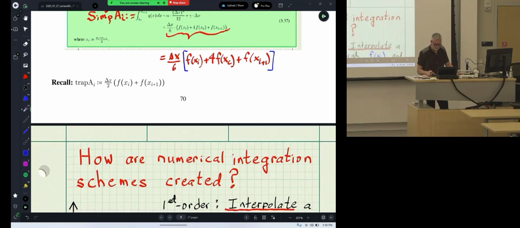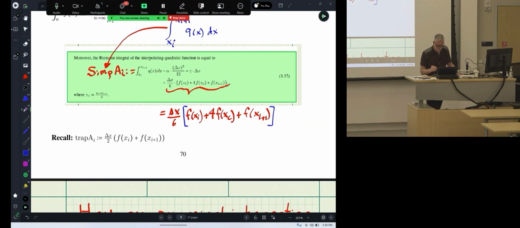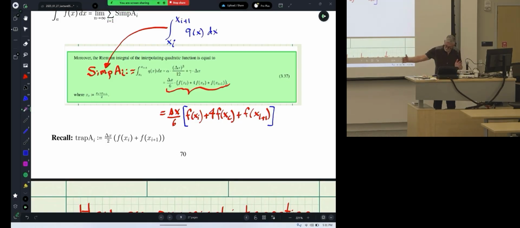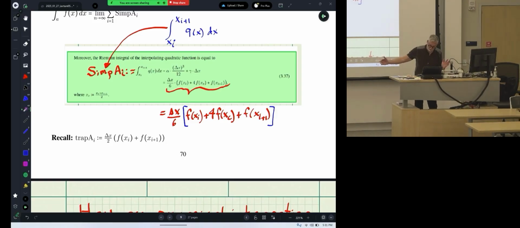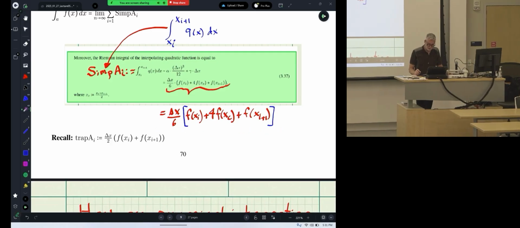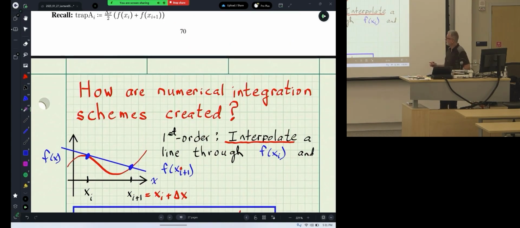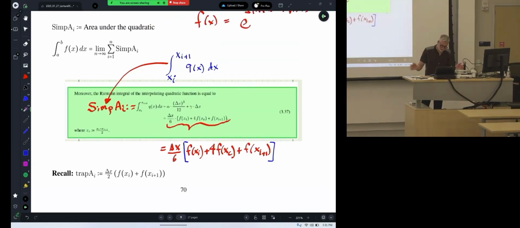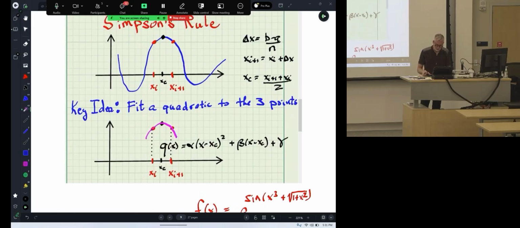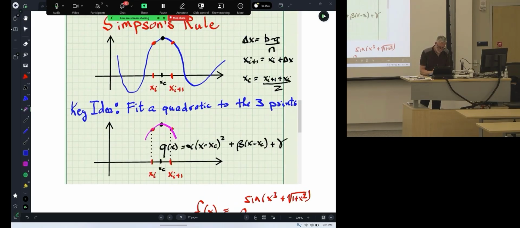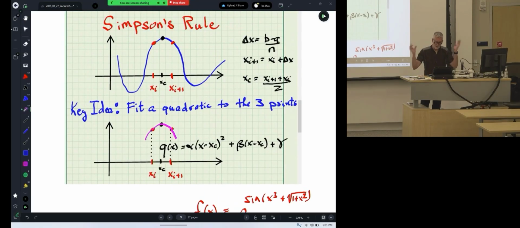They're exactly the same, and the point is, instead of having to go from i equals 1 to n is 10,000 and doing 10,000 integrals of quadratics, if you have this simple closed form solution, that is a very easy calculation in a for loop to do. So getting the closed form solution is how these fast numerical integrators work. And you get more accurate numerical integrators by using higher order fits to your curve.